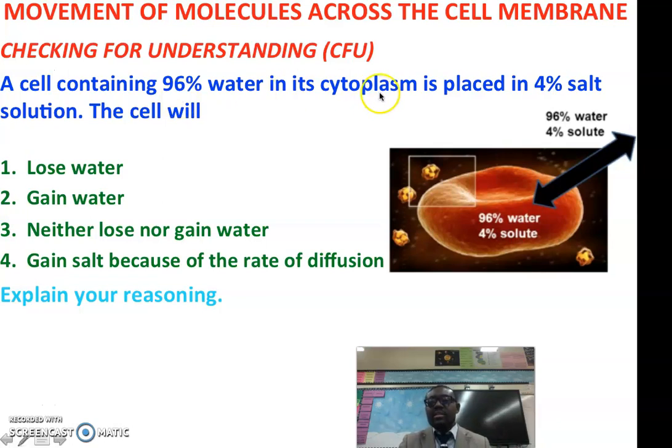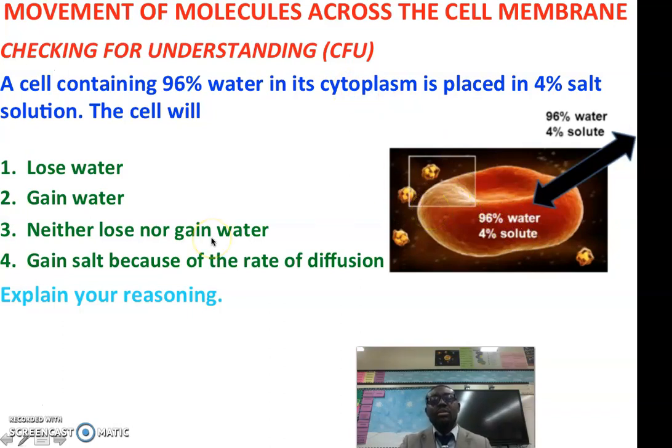All right? And now let's look at the solution. It says it's placed in a 4% salt solution. So if the solution has 4% salt, this means the solution will also have a solvent or water concentration of 96%. So in this situation, you have 96% water in the cytoplasm of the cell, and you also have 96% water for the solution.